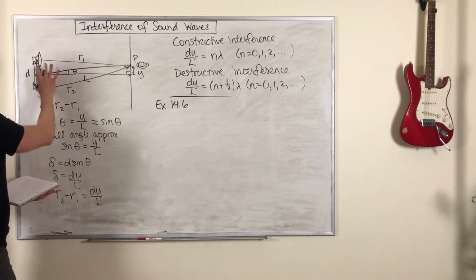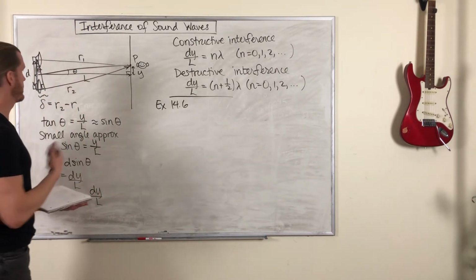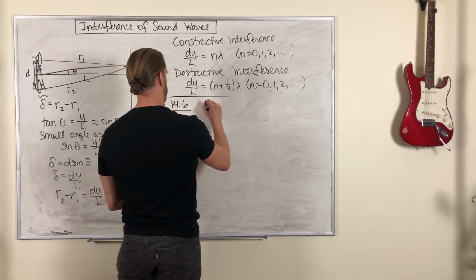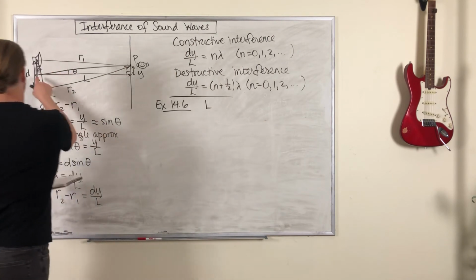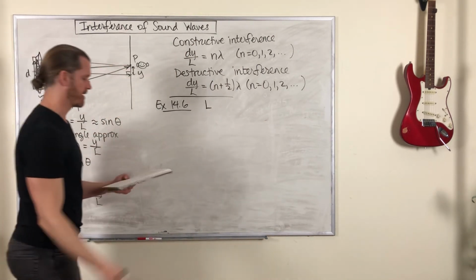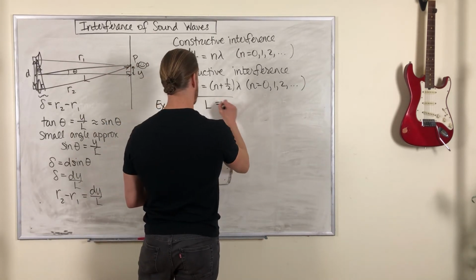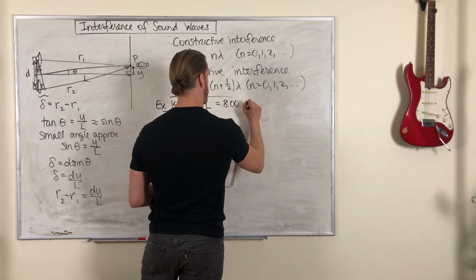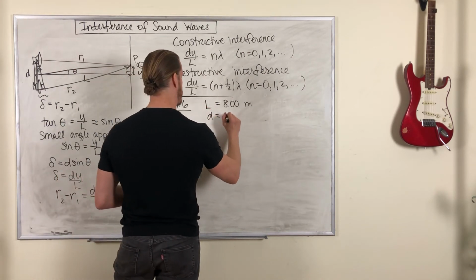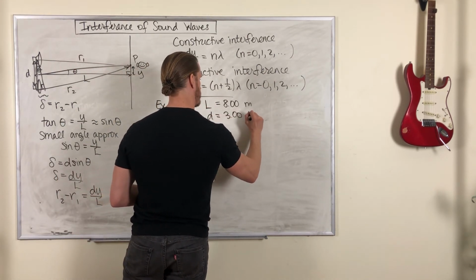Example 14.6 is this scenario, and they just give you some numbers for it. They say that the distance from the speakers to this plane is 8 meters. The distance D between the speakers is 3 meters.